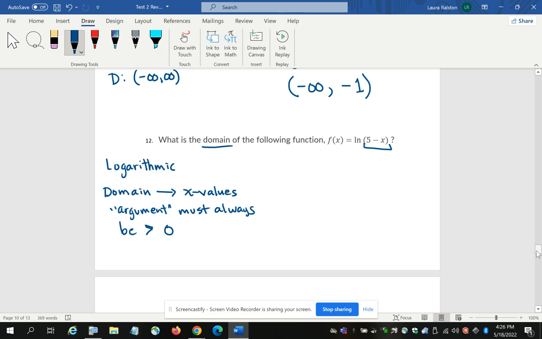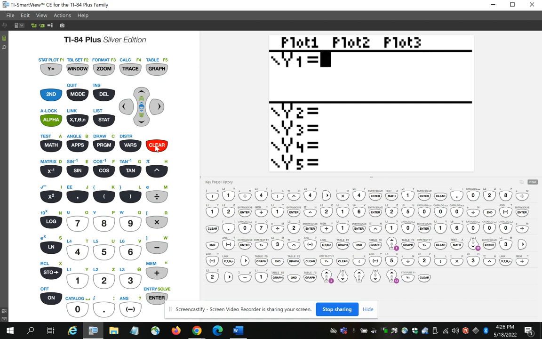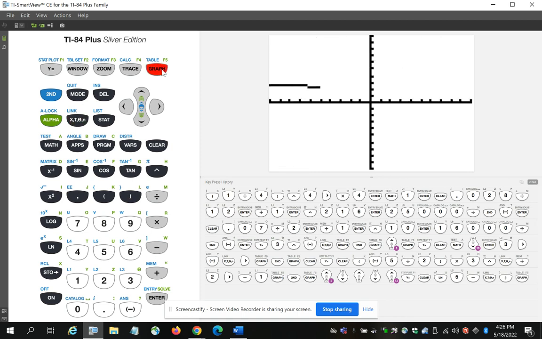So I could look at the graph, and I'll show you how to do that. If I go out to do the natural log, we use the ln button of 5 minus x, you get something that looks like this.